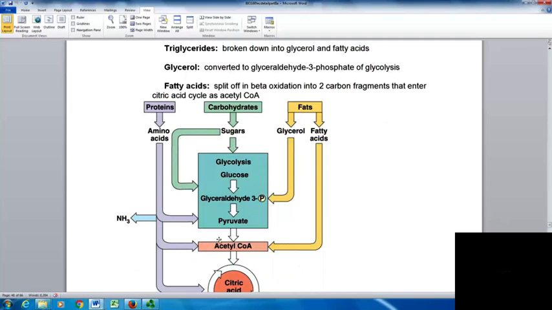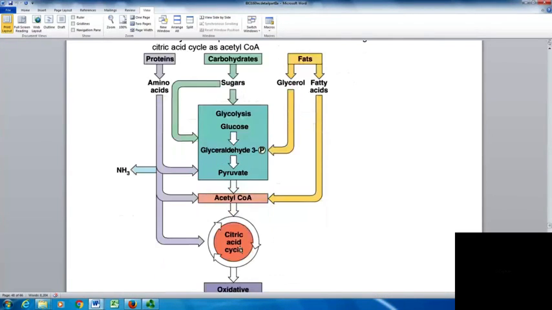Once you get to acetyl-CoA, this is an irreversible step in the process, and you are committed to no longer being converted back into glucose. So your fatty acids are going to undergo beta oxidation, where 2 carbon fragments at a time are going to break off and enter in at acetyl-CoA to go through the citric acid cycle.